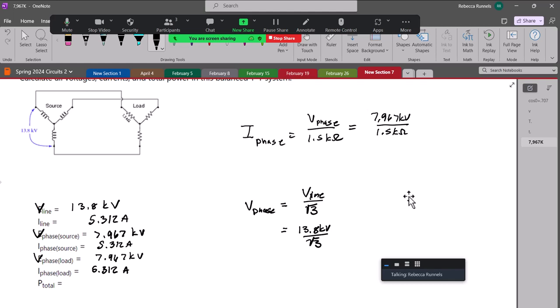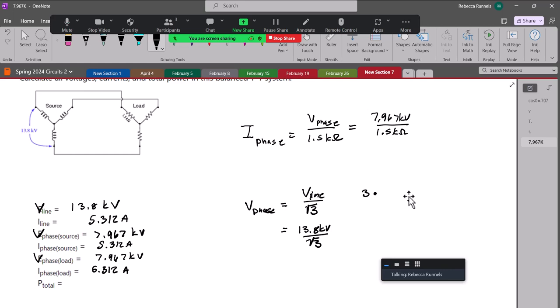So there are a couple ways to do it, and I think I'll do it the same way I did the last one, because the power has to be the power in these 3 resistors, and so I'll have 3 times, and I have the voltage and the current on each of those resistors.